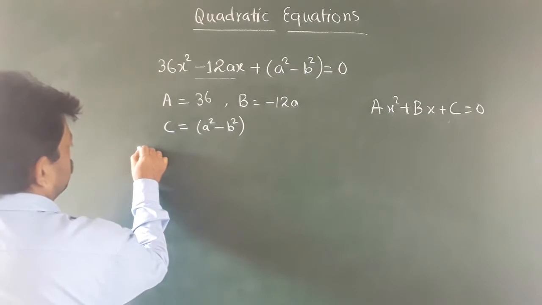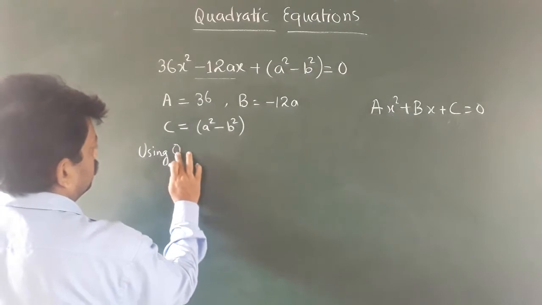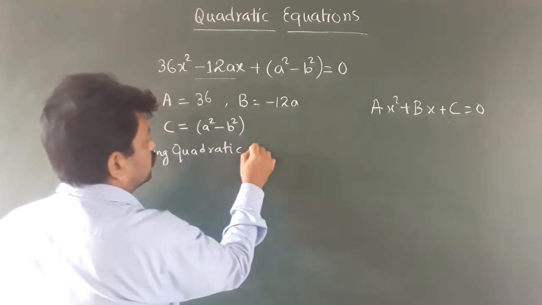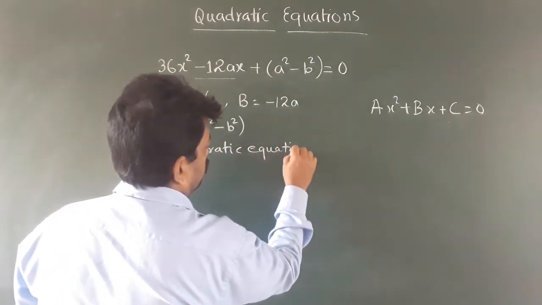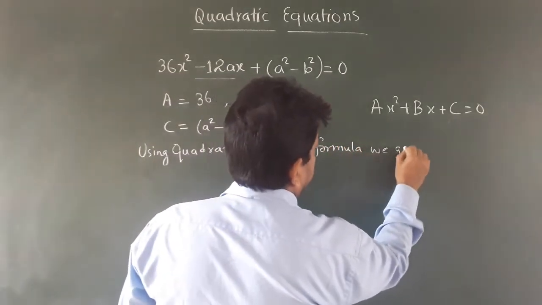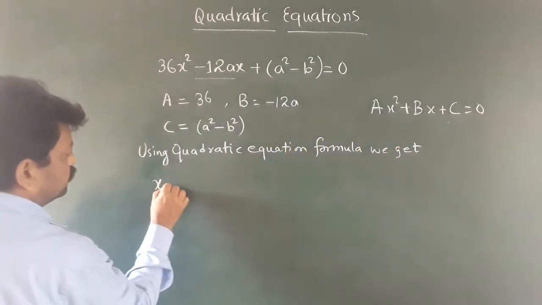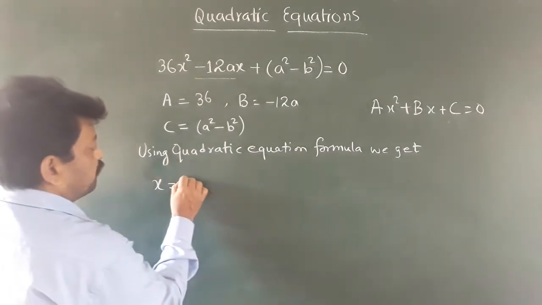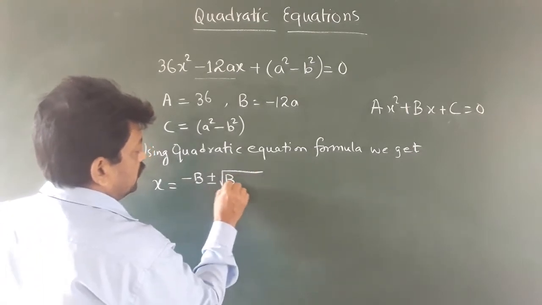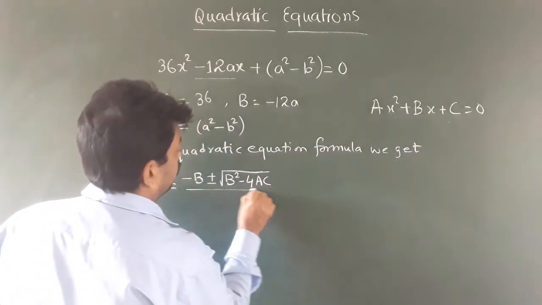Now we have to use the quadratic equation formula. So the formula says, using the quadratic equation formula, we get x equals to minus B plus minus root over B square minus 4AC divided by 2A.